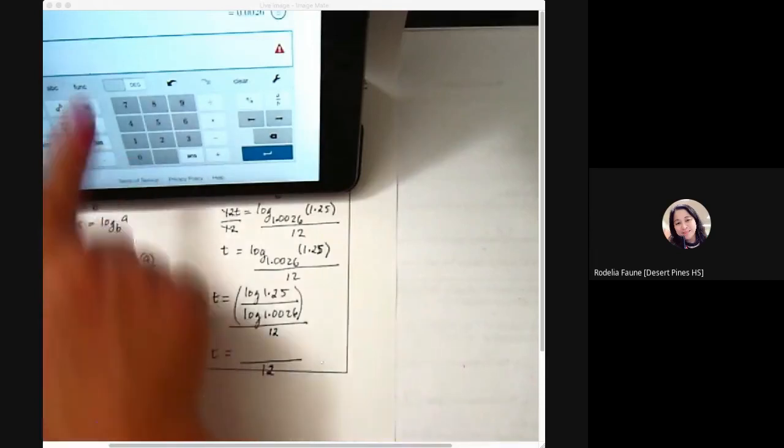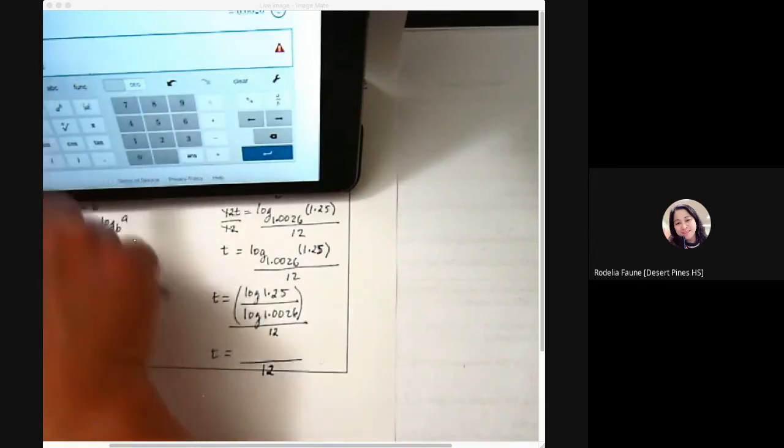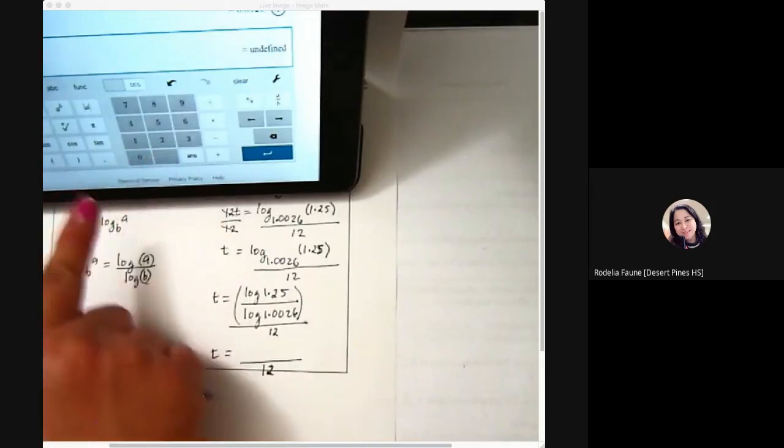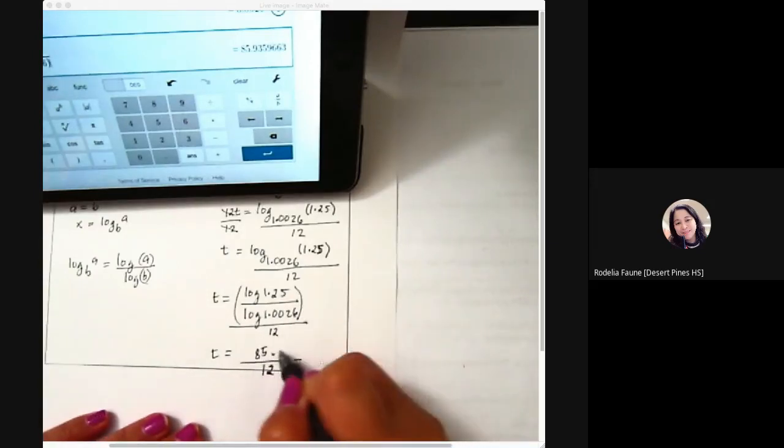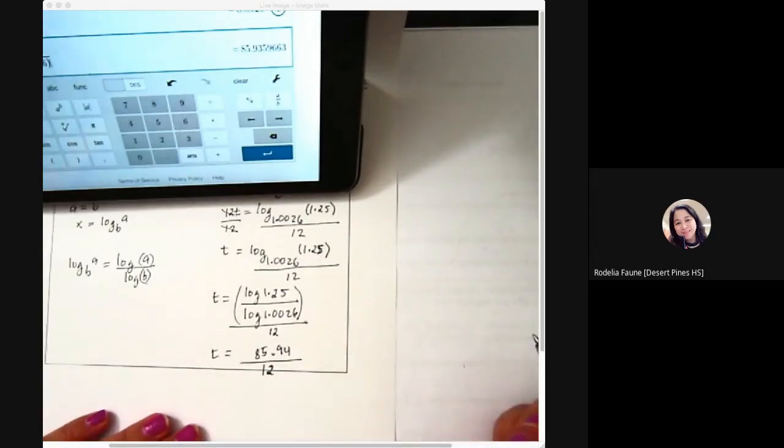So we have the logarithm of 1.25 divided by the logarithm of 1.0026, which is equivalent to, let us estimate this again, rounding to the nearest hundredth, 85.94. And now we have our t.